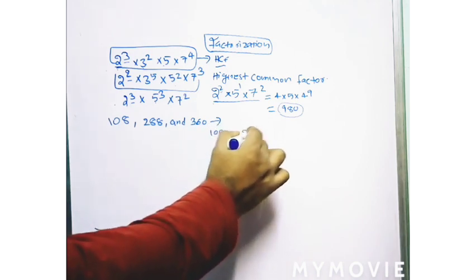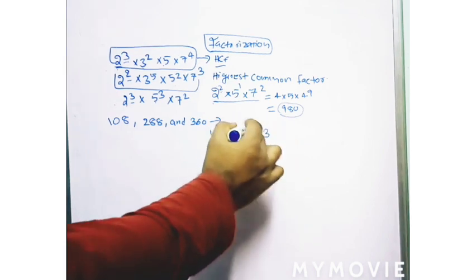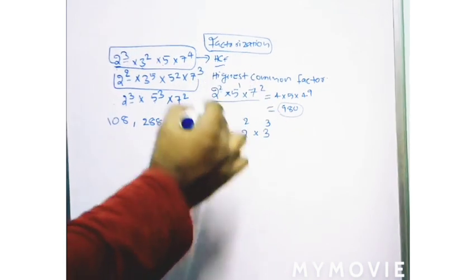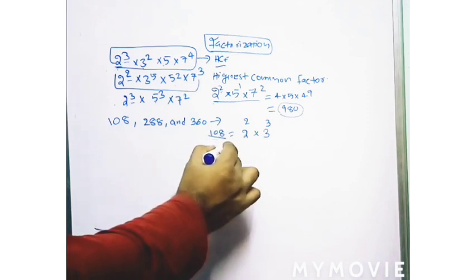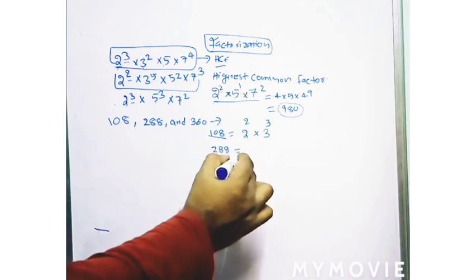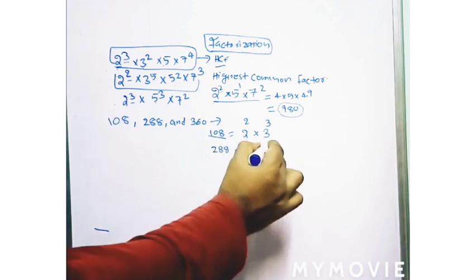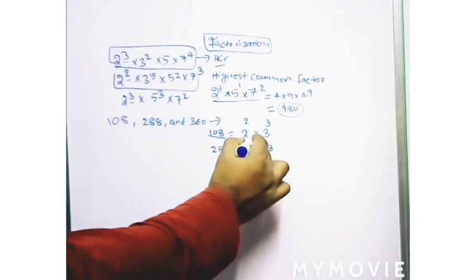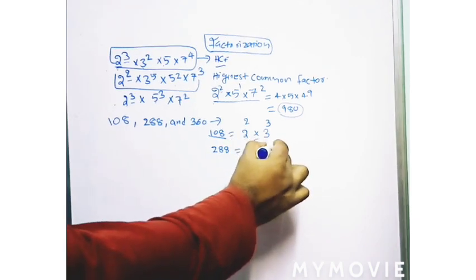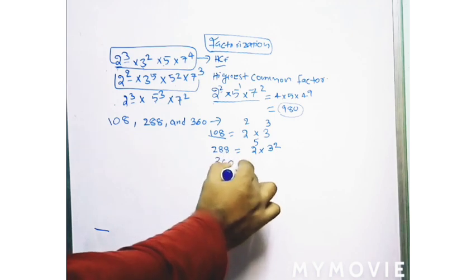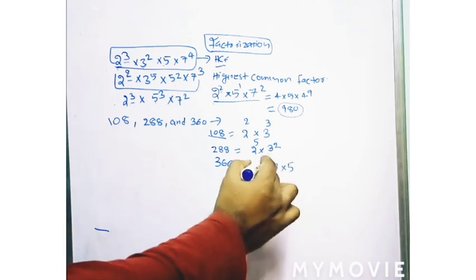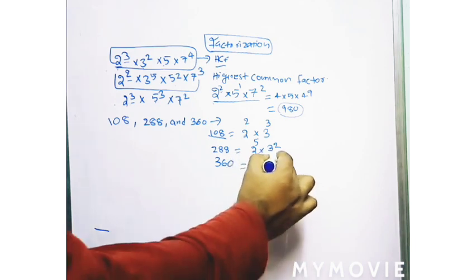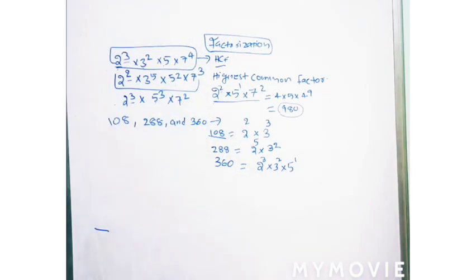Let us start with 2 and 3 first: 2 power 2 and 3 power 3 gives 108. Then 288 is 2 power 5 and 3 power 2. Then 360 is 2, 3, 5: 2 power 3, 3 power 2, 5 power 1. This is the notation for writing prime factors.